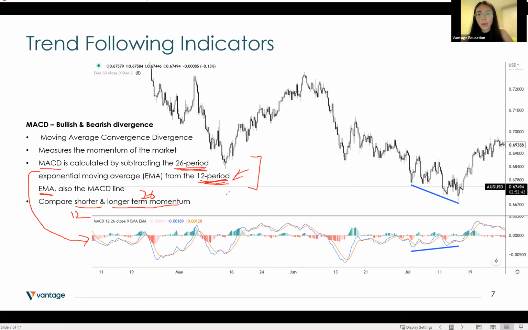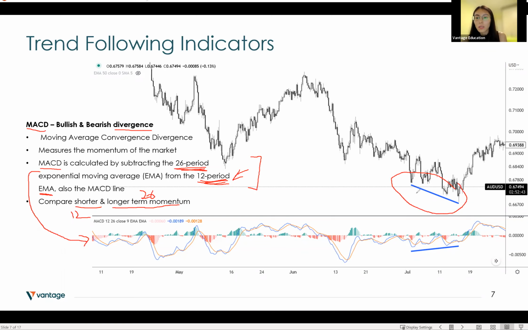Okay, so this is what we have. And you can see over here, for MACD itself, there's also this thing called the bullish and bearish divergence, right? What divergence means essentially is just a difference in terms of how price and the indicator are moving. In this example, essentially this is a bullish divergence that we're seeing, the one in blue here.